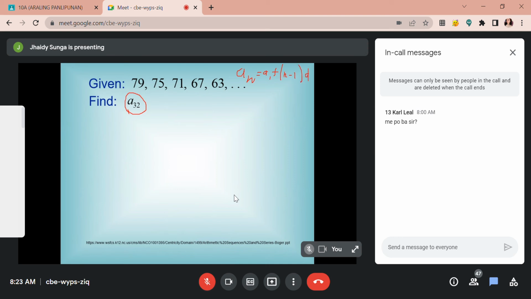What's the value of a sub 32? Just substitute. What's the first term? What is n? The n would be 32. And what is the common difference? May I know if you are finished answering? Jello Moira?